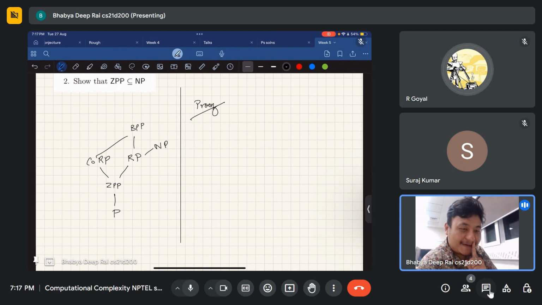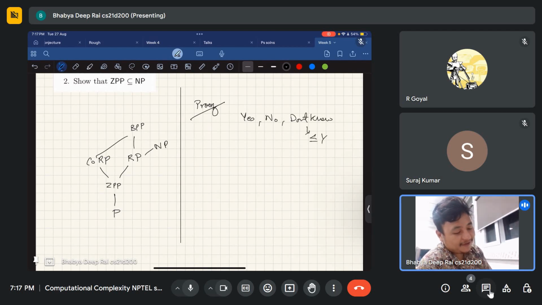So let's use your definition. It says yes, no, or don't know, and don't know it will use less than half of the time. Now let's say X belongs to the language, and you run it.